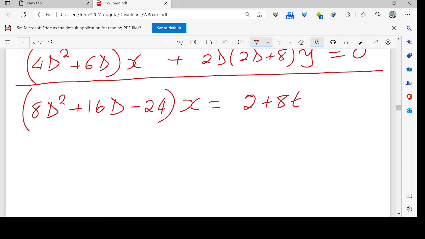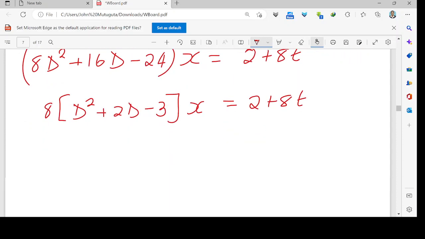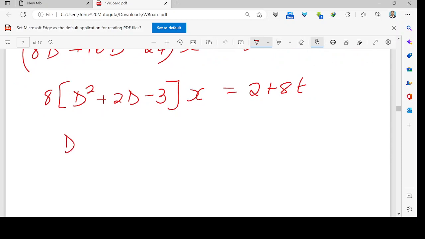I can factor out 8 on the left-hand side to get 8 into d squared plus 2d minus 3, operating on x is equals to 2 plus 8t, or even divide both sides by 8 to get d squared plus 2d minus 3, operating on x, giving 1 over 4 plus t.